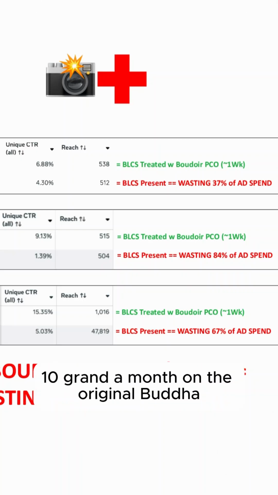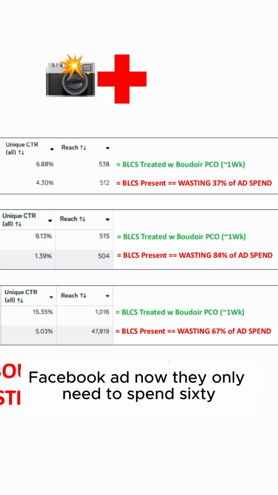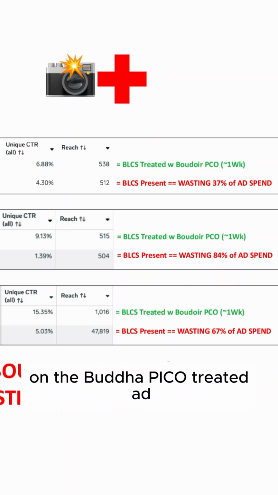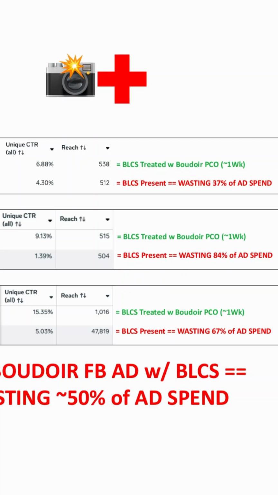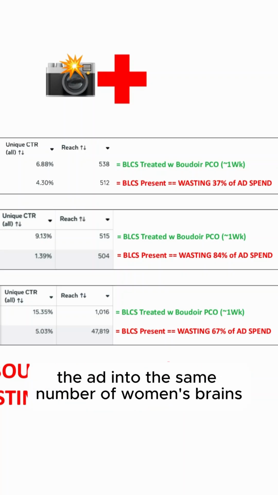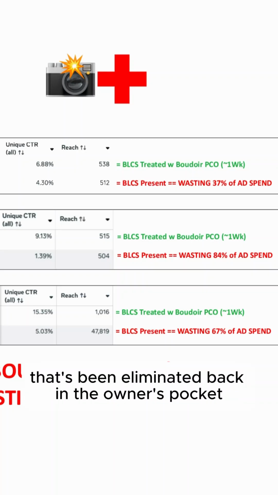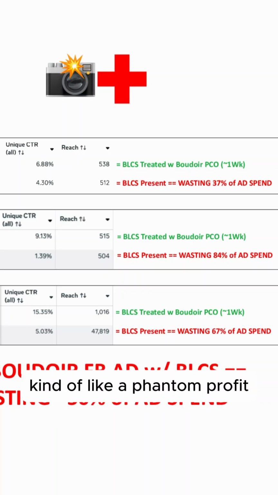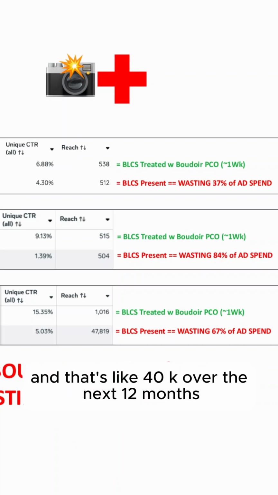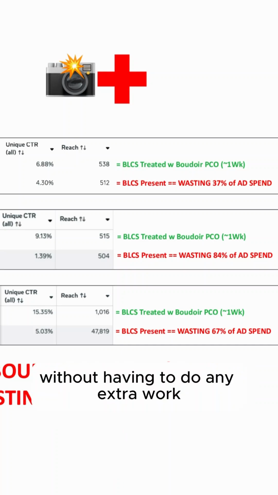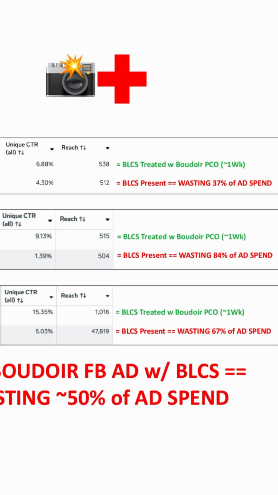If they're spending 10 grand a month on the original boudoir Facebook ad, now they only need to spend $6,300 a month on the boudoir Pico treated ad in order to get the ad into the same number of women's brains in both scenarios. So $3,700 a month of wasted ad spend eliminated, back in the owner's pocket. They no longer have to spend it, kind of like a phantom profit. And that's like 40K over the next 12 months without having to do any extra work.